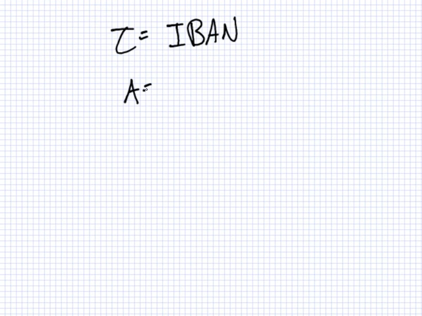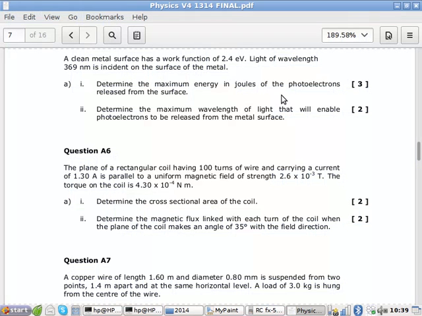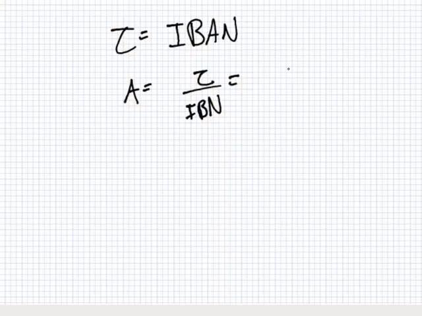The torque is given, 4.3 times 10 to the minus 4. The I is given, it's 1.3. The B is given, it's 2.6 times 10 to the minus 3. And then finally the N is given as 100, which is 10 to the 2.